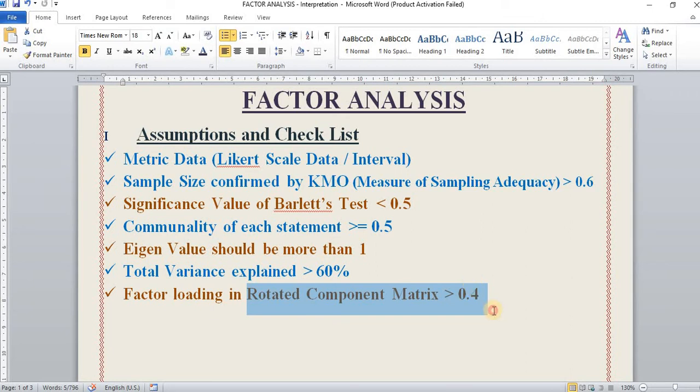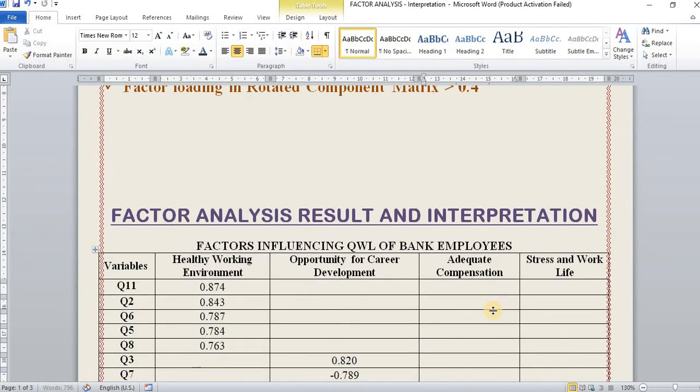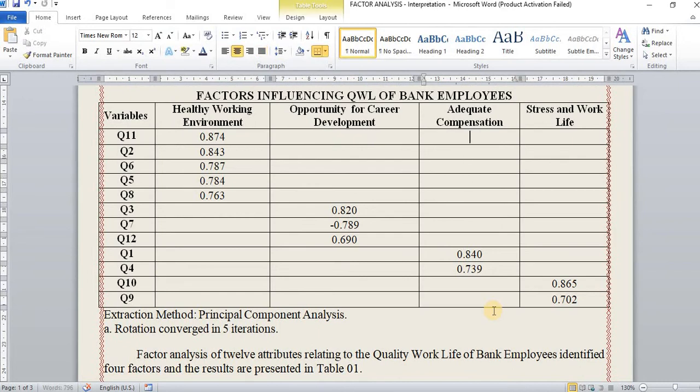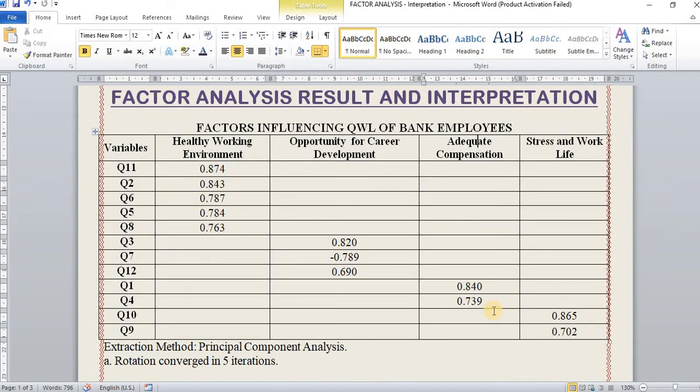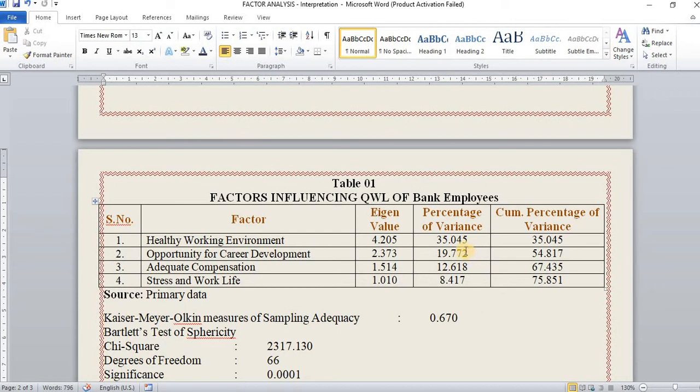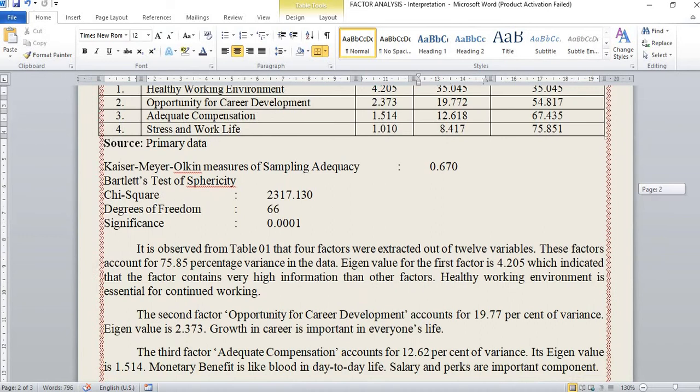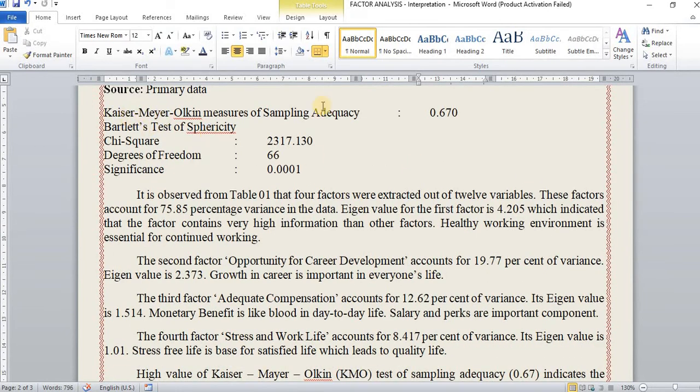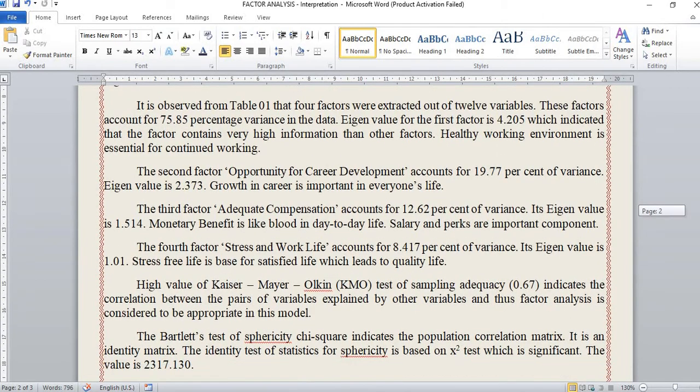Let us move to how to interpret this, how to present it in our thesis or our study. These are the factor loadings we have extracted, and then the eigenvalue and percentage of variance are also given under this table, with Kaiser sample adequacy and Bartlett's test of sphericity, and we are interpreting under this factor analysis.